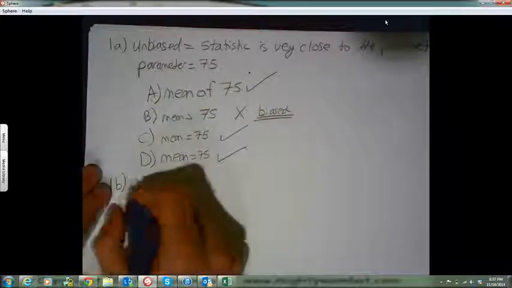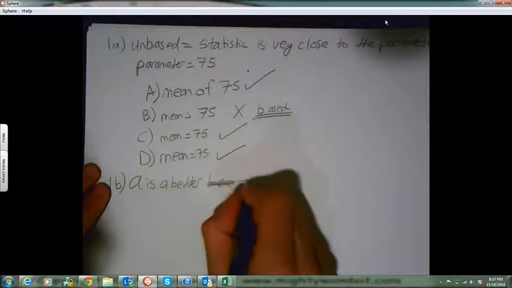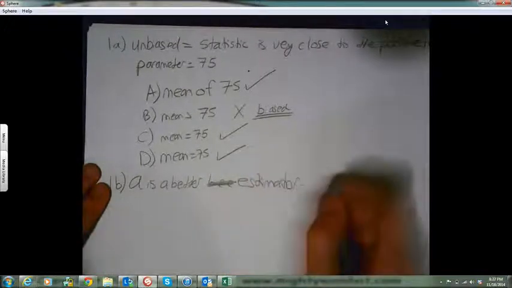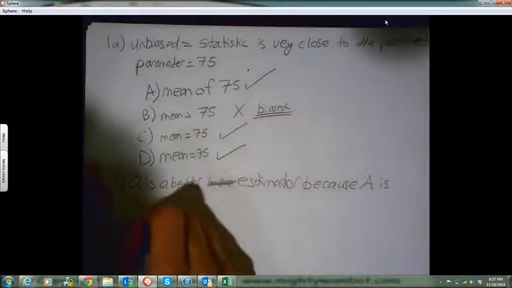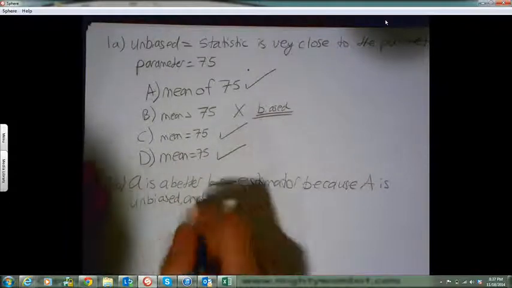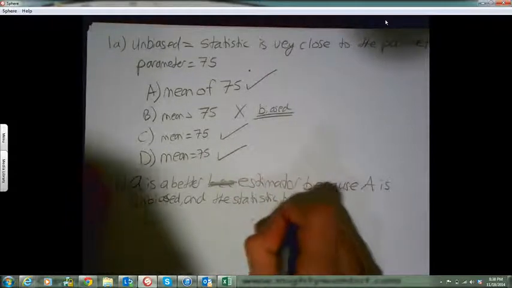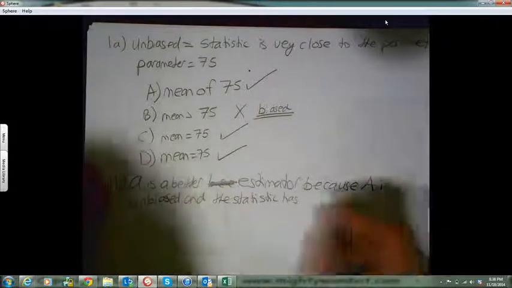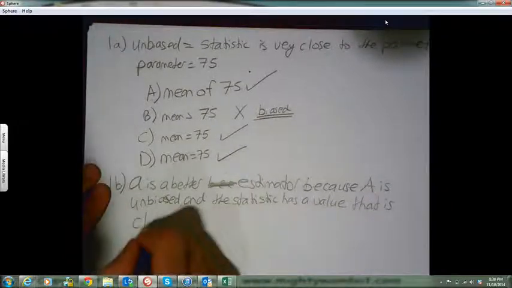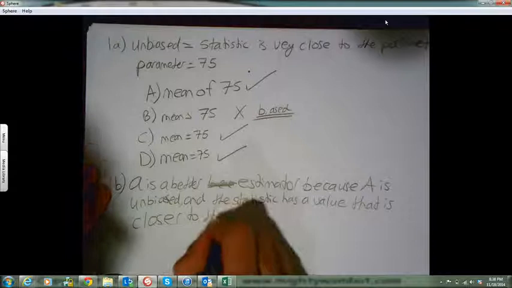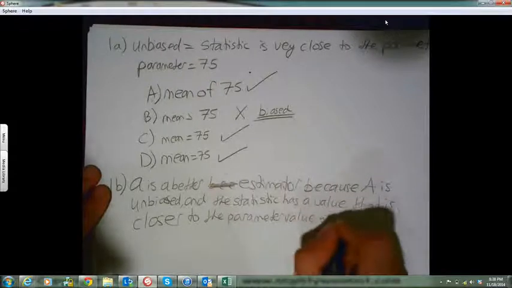Well, A is a better estimator because A is unbiased and the statistic has a value that is closer to the parameter value of 75. That's all you need to say.